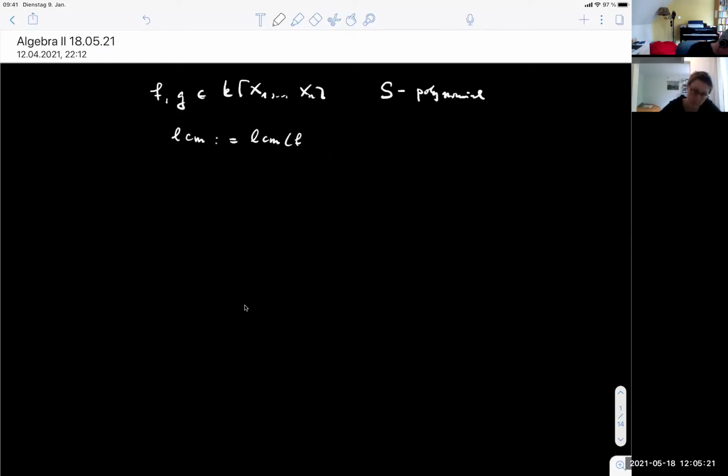So I take the leading term of the first one and of the second, and take the least common multiple. Then I multiply f with this least common multiple divided by the leading term of f. On the other hand, I do the same with the roles of f and g exchanged.